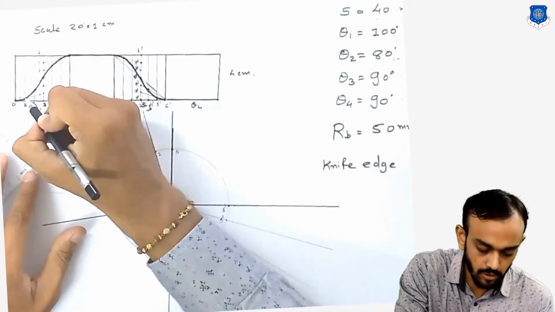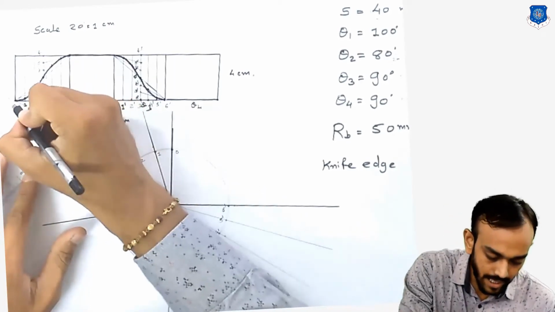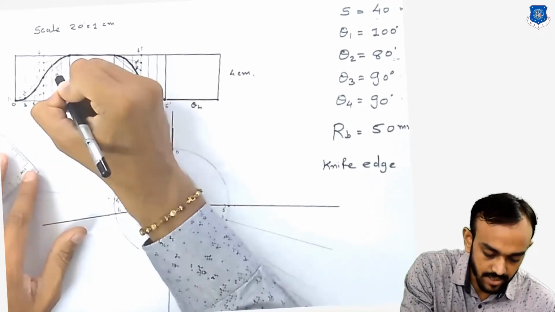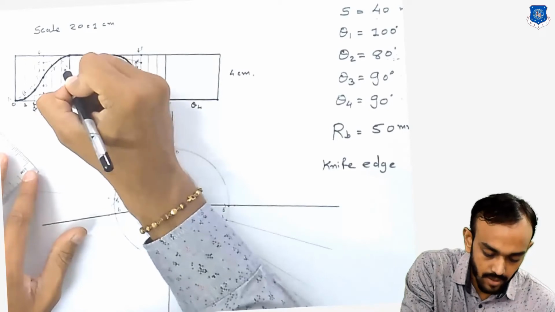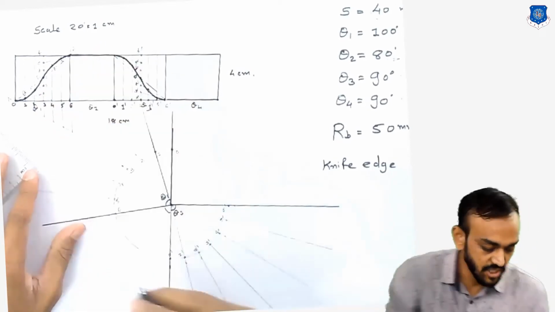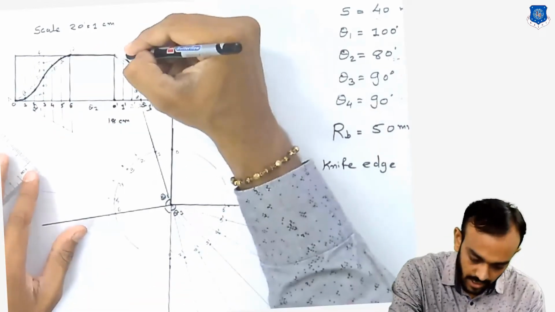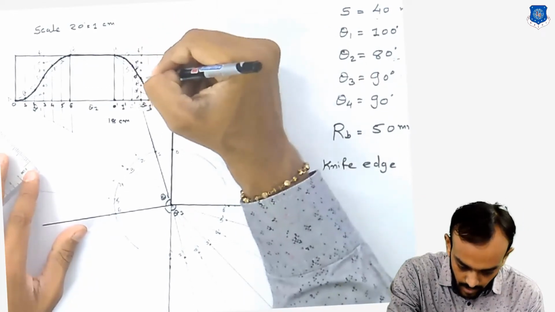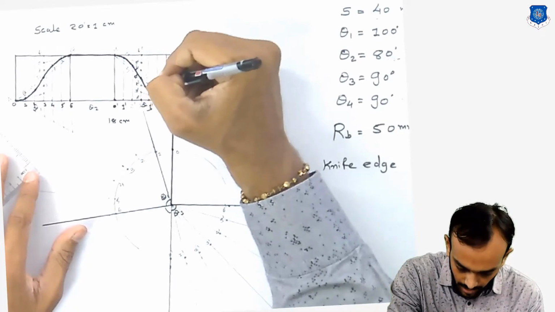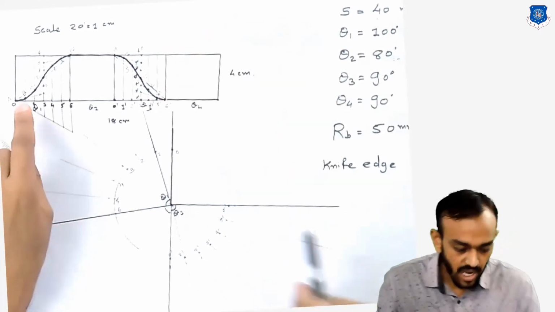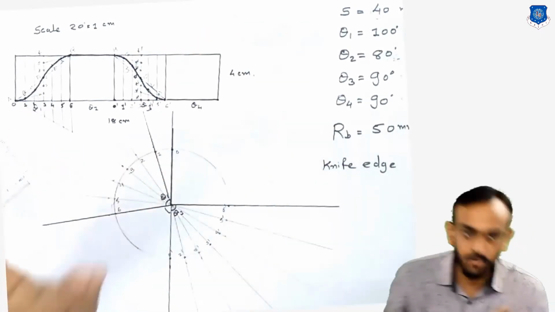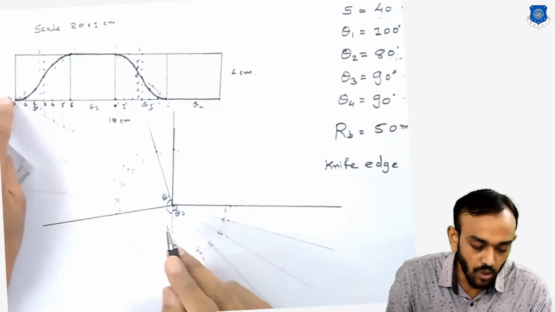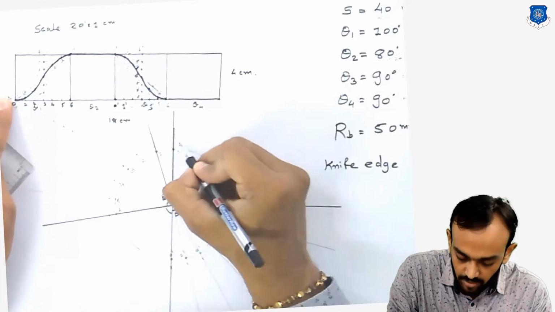So we have to give numbering here too, like the starting point will be capital A, this point is B, C, this point is D, E, F, and the last point is G. Then this point here is capital H, I, J, K, L and M. Every point we get here is very important because you can see the first point, check this here, 0 and A. So 0 and A will be in the same place.